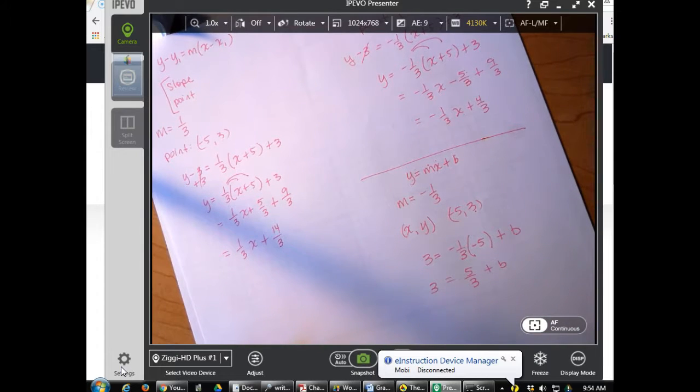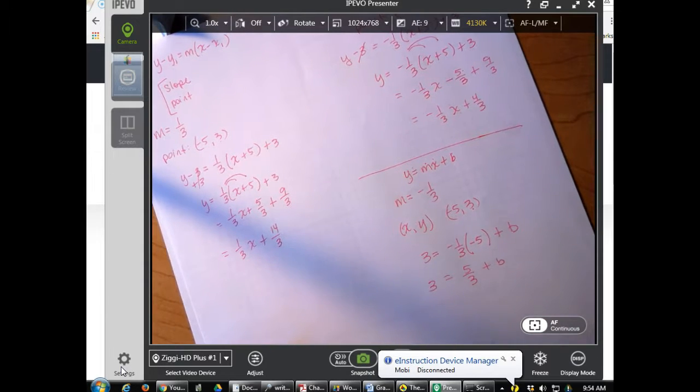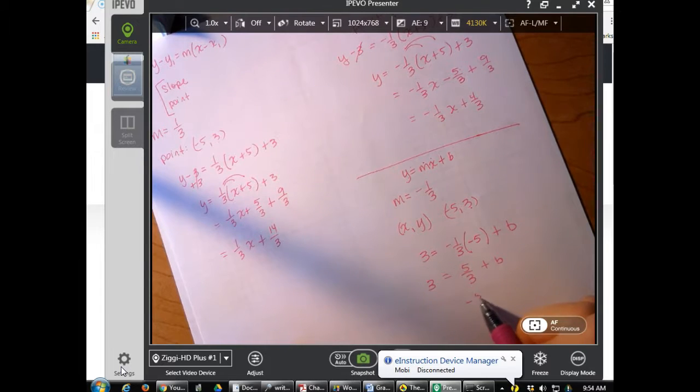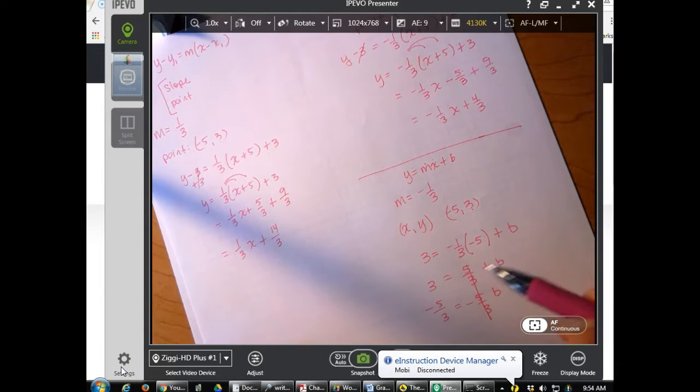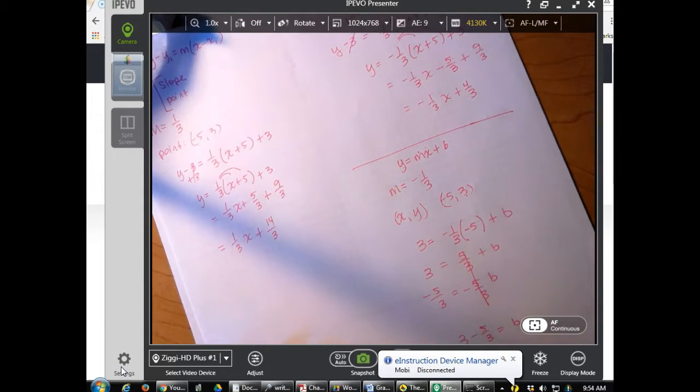To solve for b, I'm just going to subtract 5/3 from both sides. And that's going to cancel all this out. So b will equal 3 minus 5/3. Now, I don't want to write 3 like that, I'll do 9/3 minus 5/3. And that gives me my b, which we know to be 4/3.